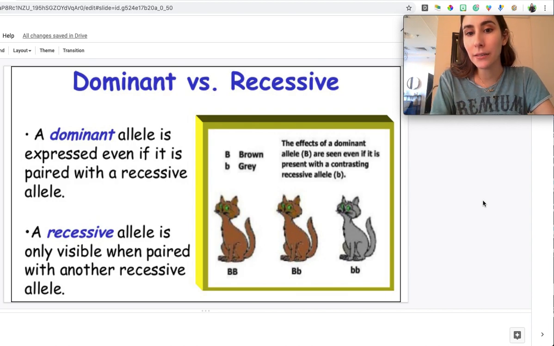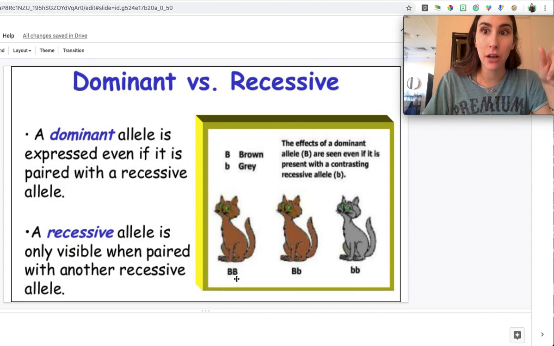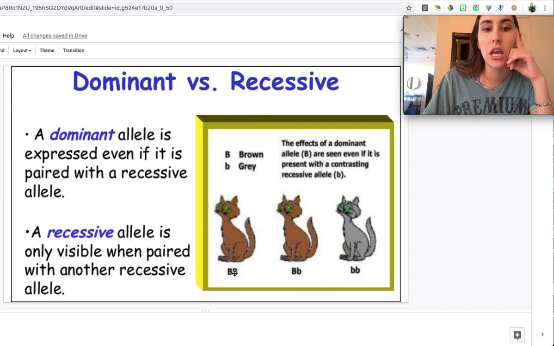As you can see, the cat with the following genotype has 2 dominant alleles. If we see a capital letter, right away we want to say dominant. We need to learn to speak in this terminology. So this cat has 2 dominant alleles, and therefore it is brown, because capital B is brown and lowercase b is gray.